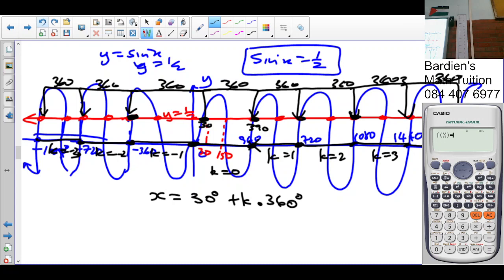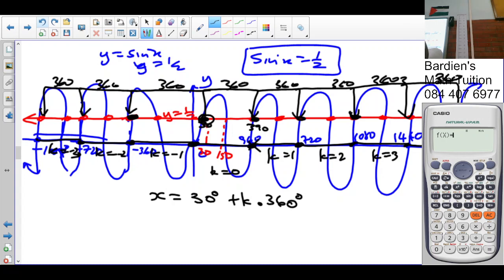Can you see that? If I'm more interested in this point here, then what is your k value here? 0. If k is 0, then that is 30 degrees.